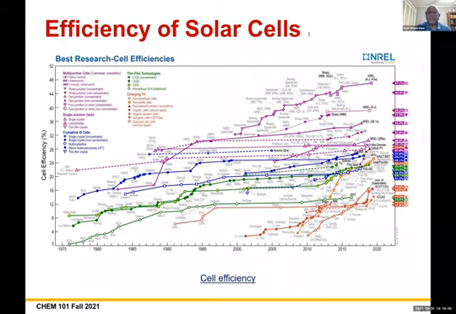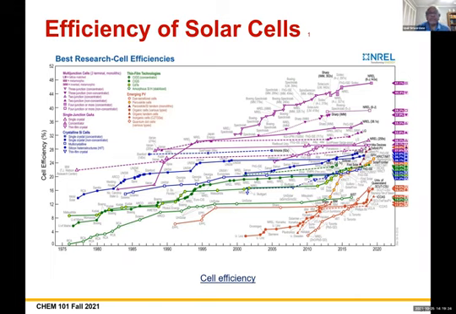Now, the efficiency of solar cells has been increased over the years. There are so many types of solar cells. So right now, it started with about 20%. Now they have reached the point where they're about 40%.